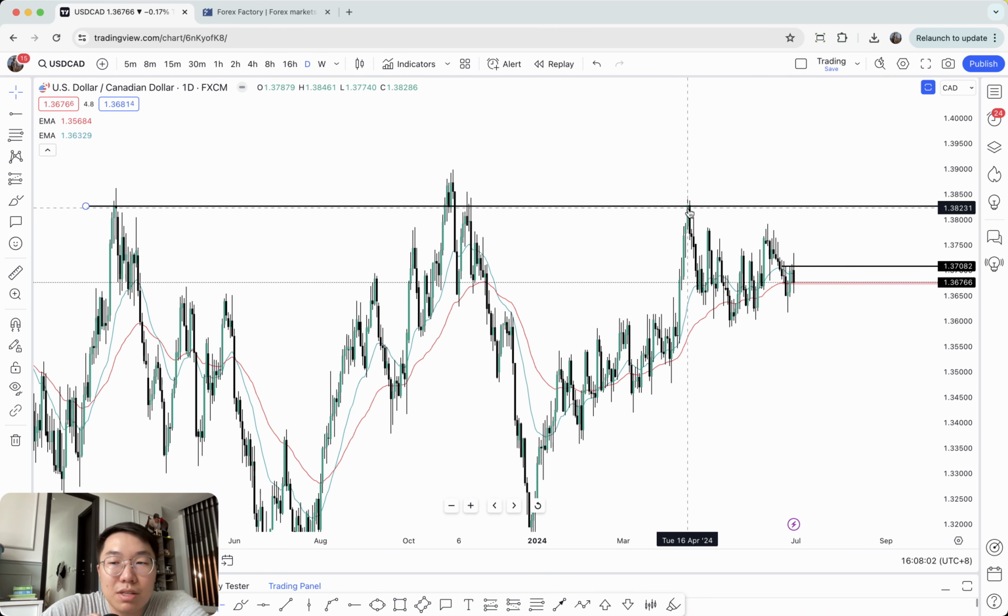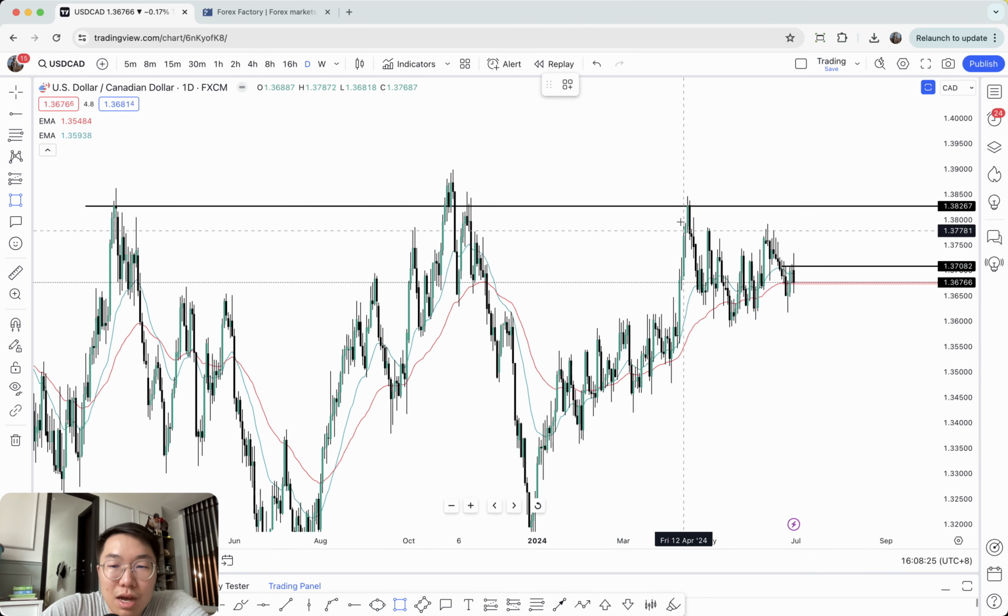The first confirmation was on the high time frame, where we got price rejection or price failure at 138.26. That was in mid or late April. If you look at the date here, it should be the 17th of April. Price failed multiple times, and it was roughly around early May that I started talking about a possible short on dollar CAD.